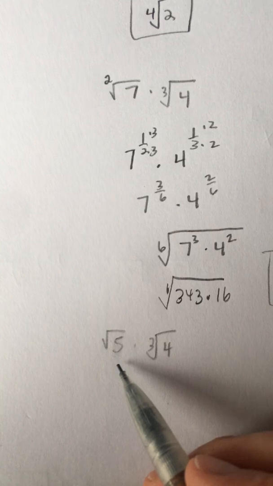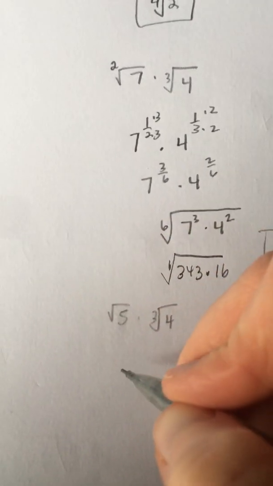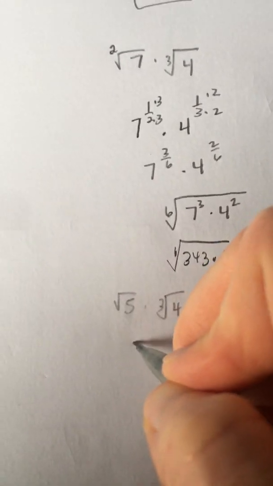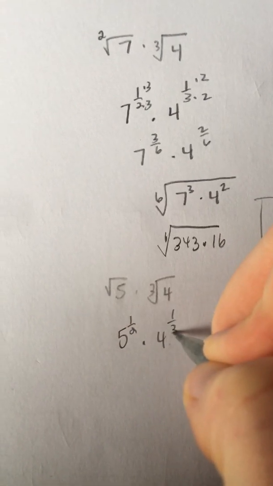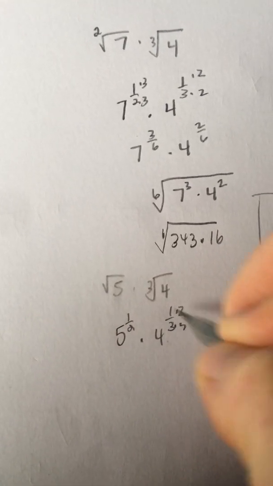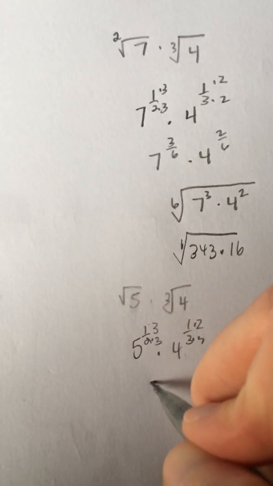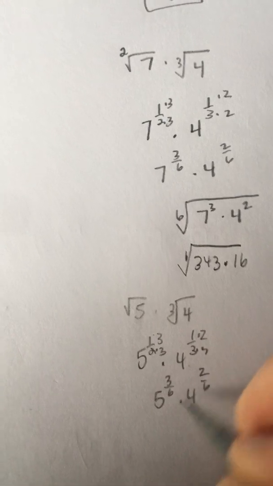Pause and then try this one just like that last one. Watch to see if you did it the same way. I would suggest pausing and trying on your own at this point. Press play when you're ready to check your work. This is going to be 5 to the 1/2 times 4 to the 1/3. Common denominator of 6. So I'm going to have 5 to the 3/6 times 4 to the 2/6.